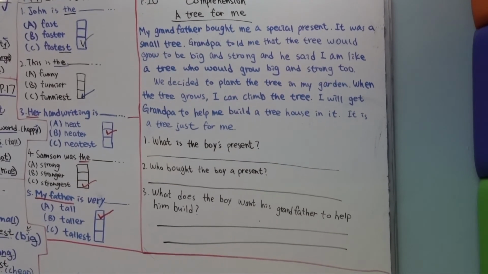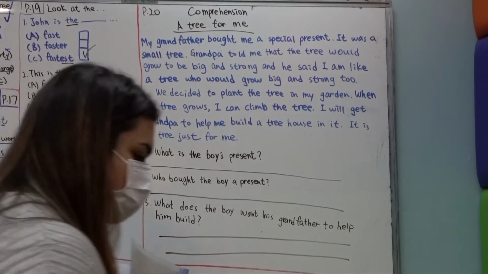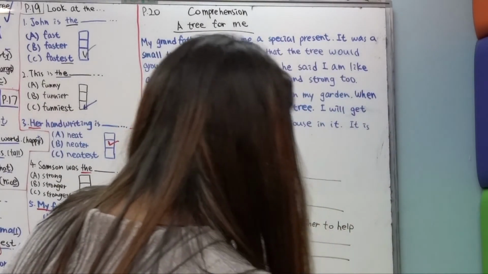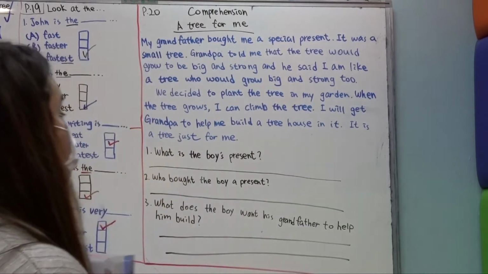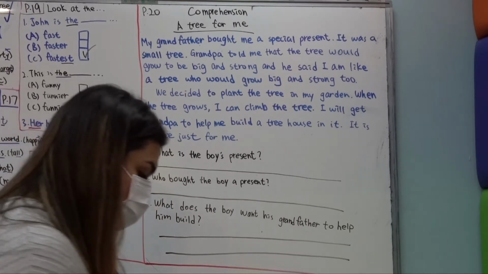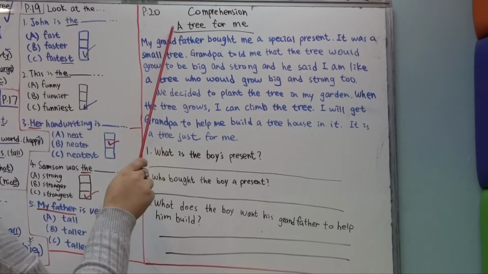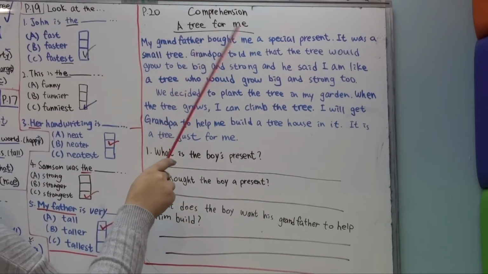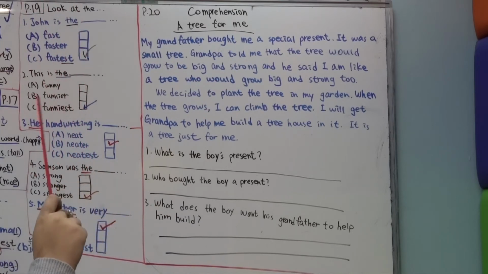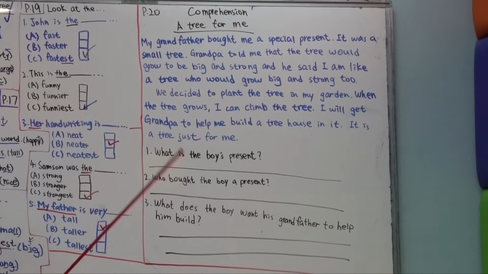What is the title of this comprehension, everyone? The title over here is A Tree for Me, right? This is the title. A Tree for Me.